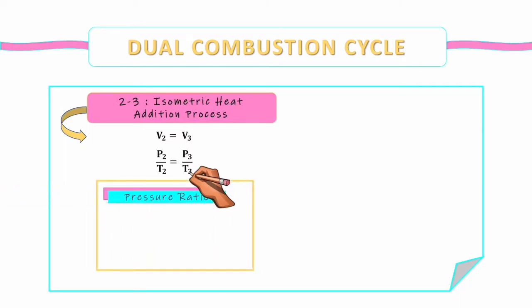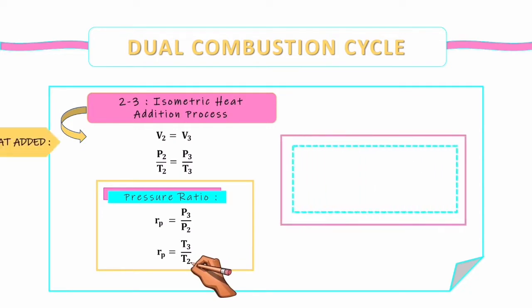It is simply the ratio between the pressure at the end over the pressure at the beginning of the isometric heat addition process. So we can say that Rp is equal to P3 over P2. Since V2 is equal to V3, we can also rewrite the pressure ratio as Rp is equal to T3 over T2.